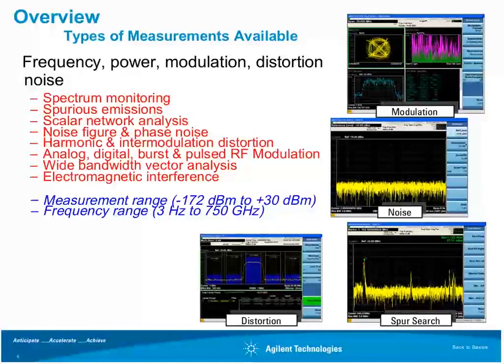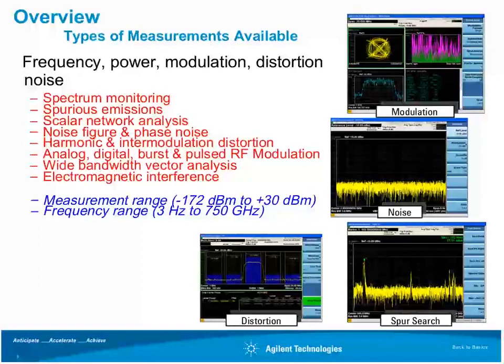A spectrum analyzer can be used in conjunction with a signal generator to measure the characteristics of various components, in a scalar network analysis type mode. We might use it to do noise figure measurements or phase noise measurements or various kinds of distortion measurements. One of the big applications is to look at modulated signals. These could be analog or digital or pulsed RF type modulation.